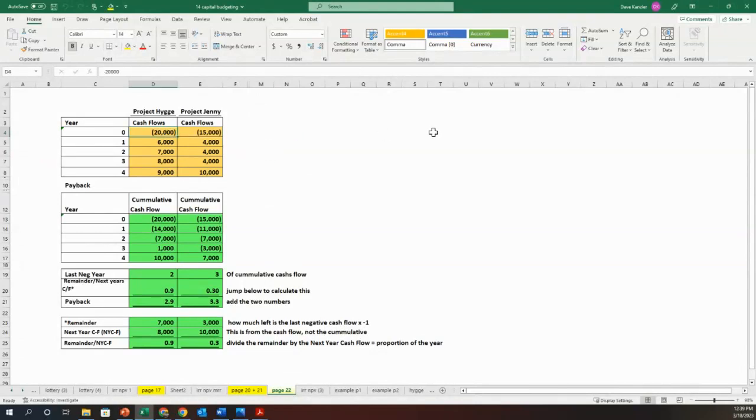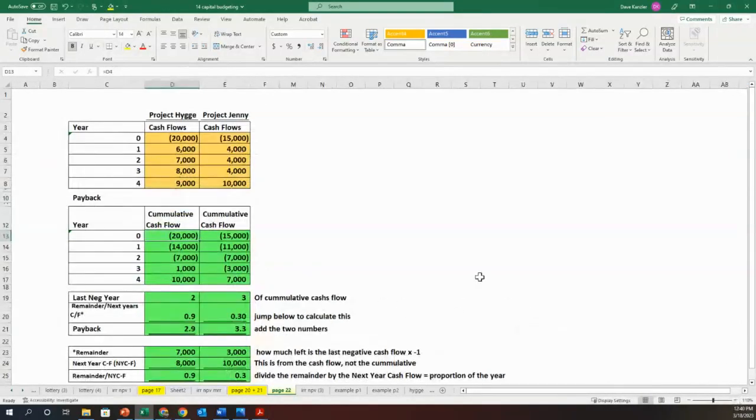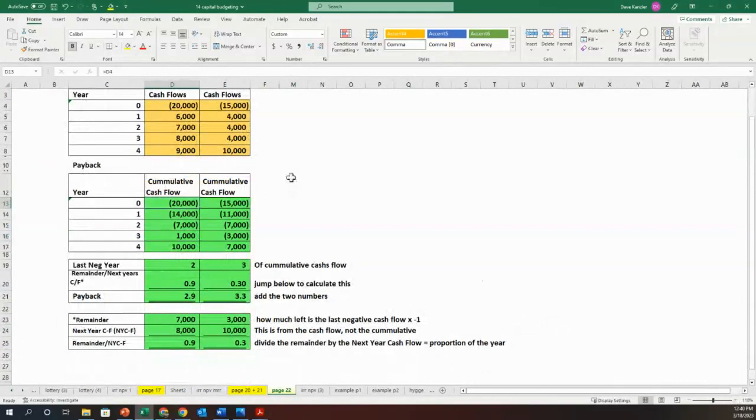We have our years 0 and our year 1 through 4 in this case. And then what we have to do is measure the cumulative cash flow. So how do we measure the cumulative cash flow? Just think of it like if you did this with a bank account.